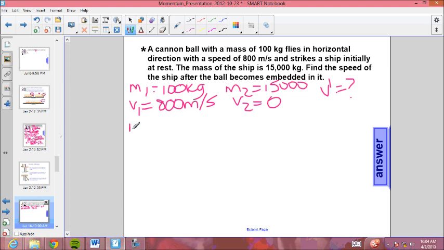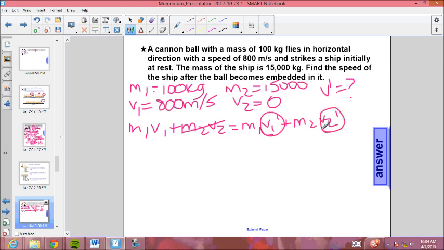So again, we start with our m1 v1 plus m2 v2 equals m1 v1 prime plus m2 v2 prime. And again, our v2 in this case was at rest, so we can cancel that out. And we know they're coupled together at the end, so we can change the v1 prime and the v2 prime to just v prime.